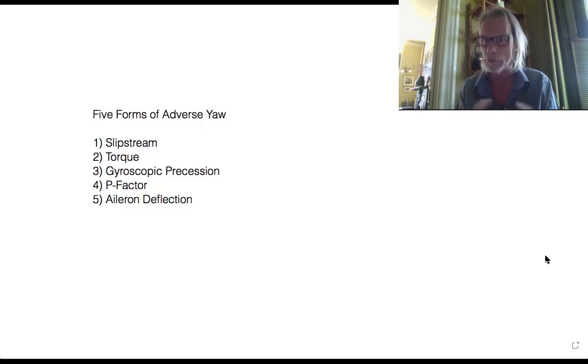Okay, so what is adverse yaw? Well, it's when the aircraft yaws along that normal or vertical axis on its own volition due to movements that you make with the aircraft, different attitudes that you make with the aircraft.